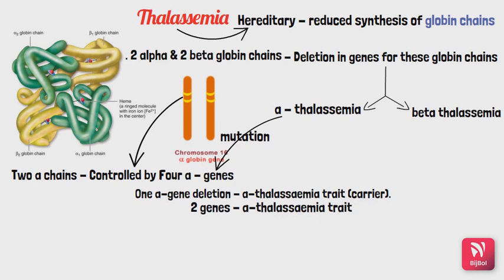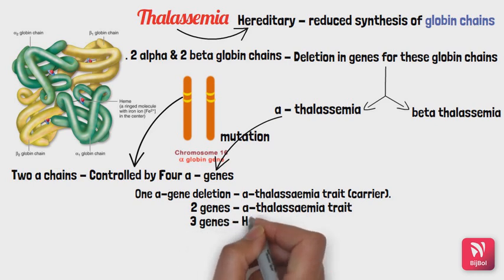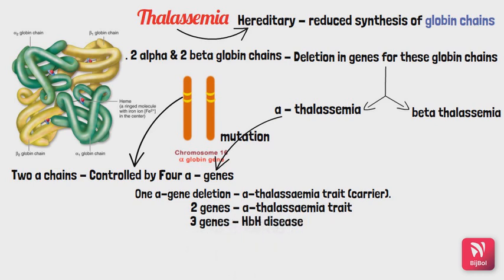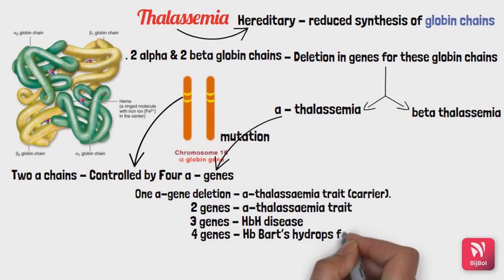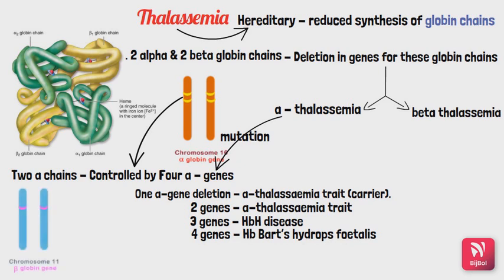And if 2 alpha genes are deleted, that also results in trait only. Whereas if 3 alpha genes are deleted, then it results in HbH or hemoglobin H disease, where this H represents Heinz bodies. And if all the 4 genes are deleted, then it results in a severe form called Hb Bart's hydrops fetalis. So these are the various types of alpha thalassemia.